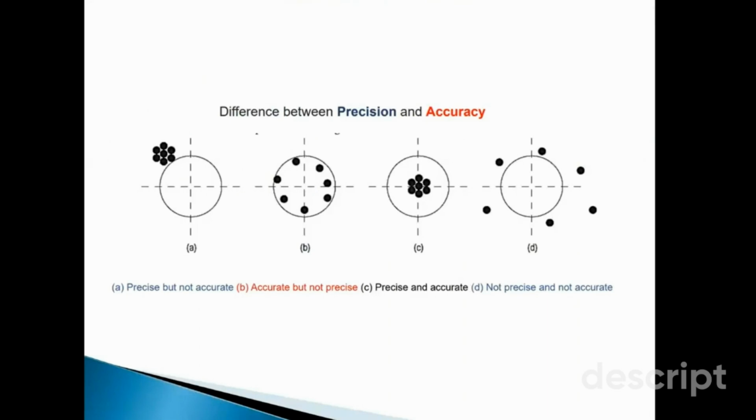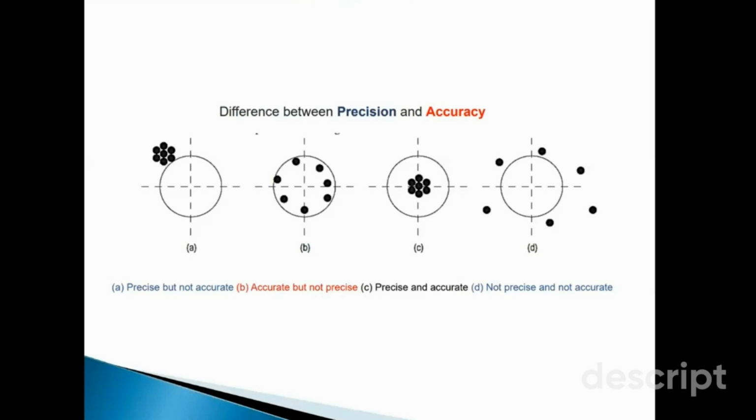What does the first diagram show? It is a circle showing the domain of acceptable range of your measurement, and the center point is the true value. If the measurements form a close cluster outside the desirable range, then your instrument is precise but not accurate.